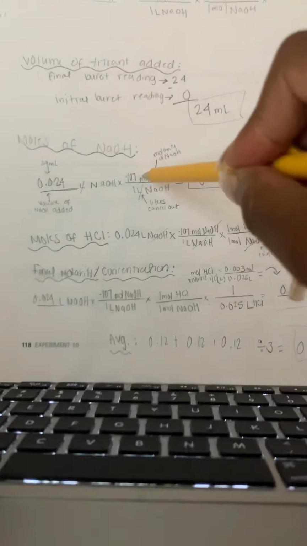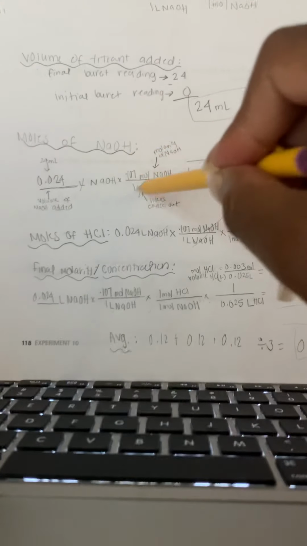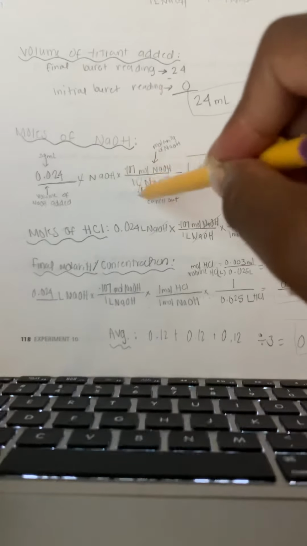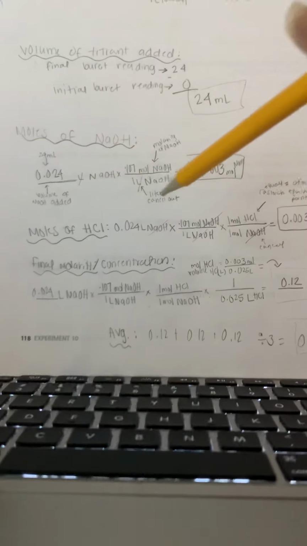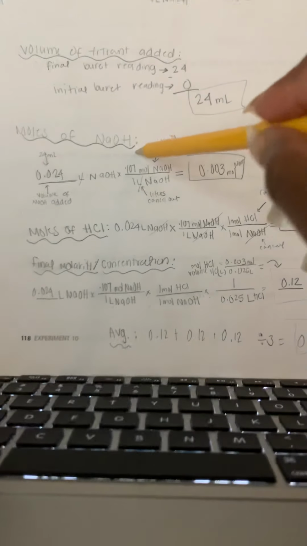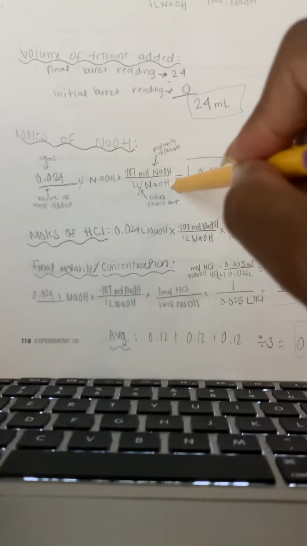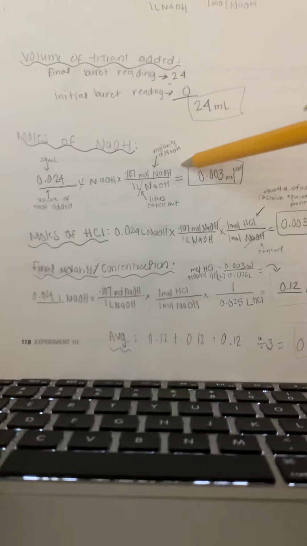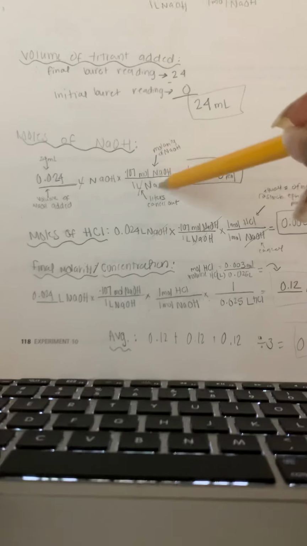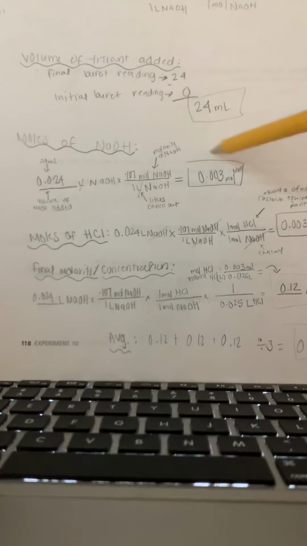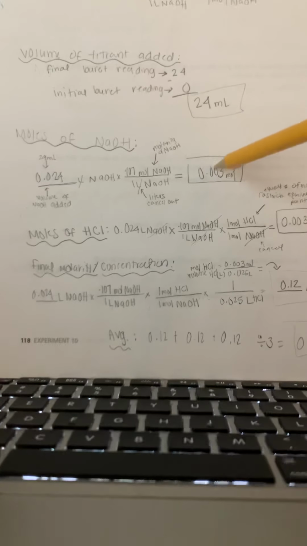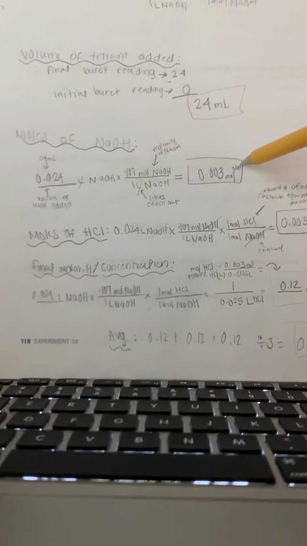The 0.107 is from our answer in experiment 9, by the way. Notice that the liters cancel out, so we're left with moles of sodium hydroxide. That gives us 0.003 moles of sodium hydroxide.